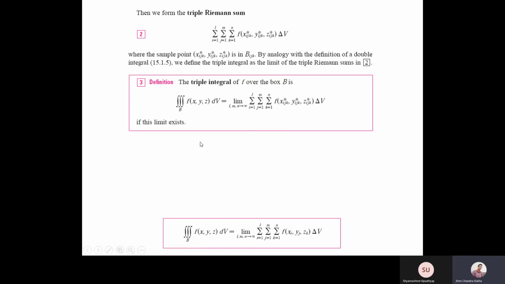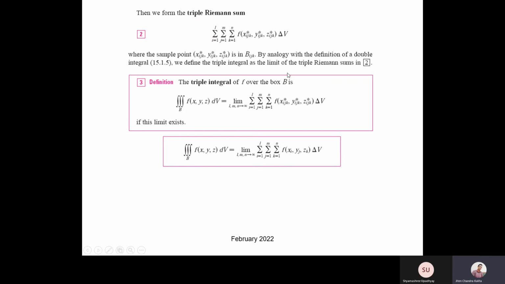And as before, we have Fubini's theorem here also. And again, you know that as we let the limit m tends to infinity, we don't have to worry about the sample point lying in the box. We can consider the value of the function at the point x_i, y_j, z_k itself, that is one of the corner points of the rectangular box. And this is what defines the triple integral.